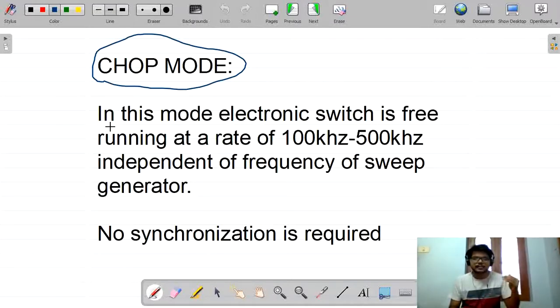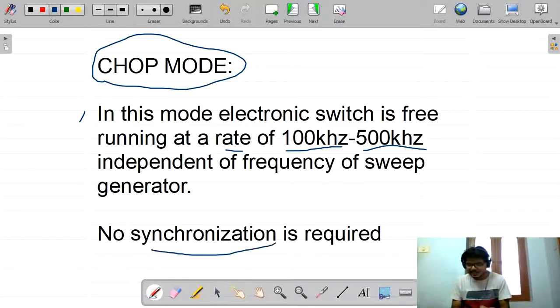Suppose in this mode the electronic switch is free running at a rate of 100 kHz to 500 kHz. It means my electronic switch will switch very fast. There is no synchronization required, which is an important point here.